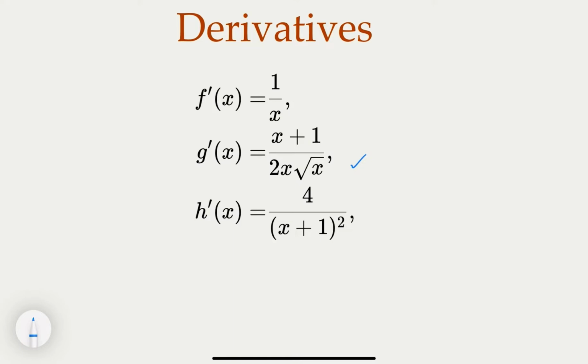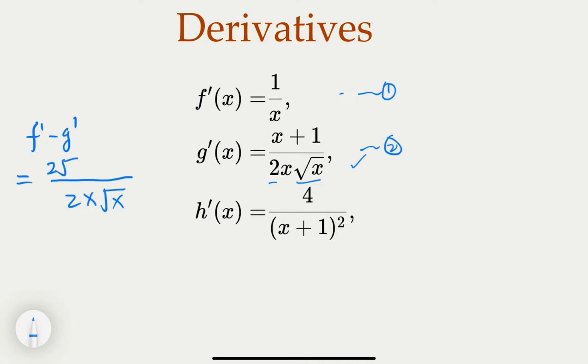So that's good. But we are interested in the comparative value of f and g. So let's evaluate what is f prime minus g prime here, right? So you plug in, using equation 1 minus 2, that would equal, with common denominator 2x square root of x, 1 minus 1 over 2 square root of x, so 2 square root of x minus 1.